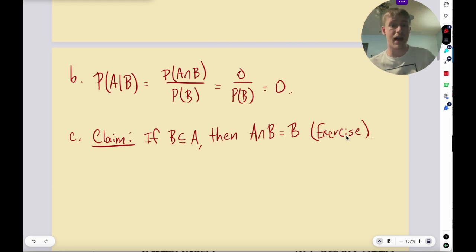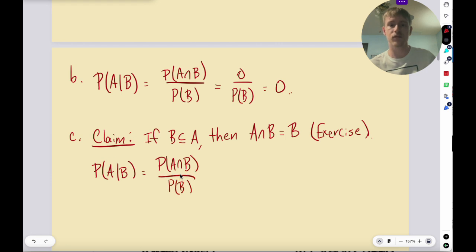Okay, but given that relationship then, we can again write the probability of A given B as the probability of A intersect B divided by the probability of B. Okay, but these are clearly the same, which means that this is just equal to the probability of B divided by the probability of B, which is 1.